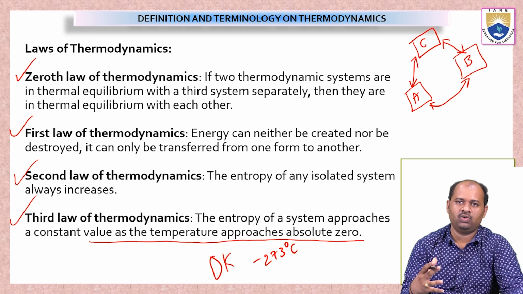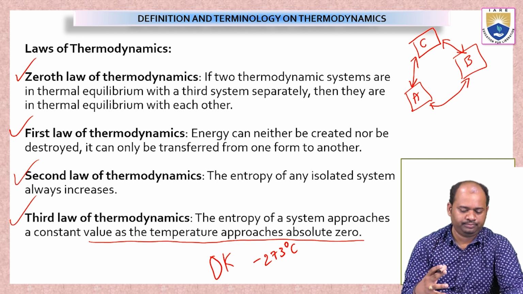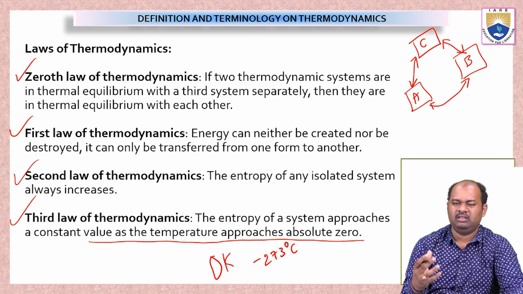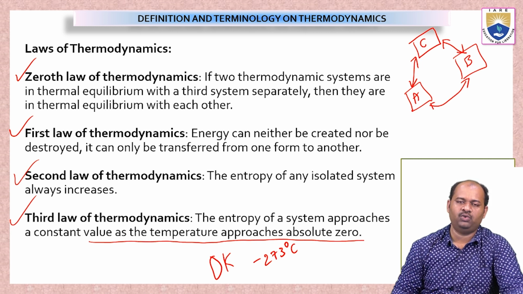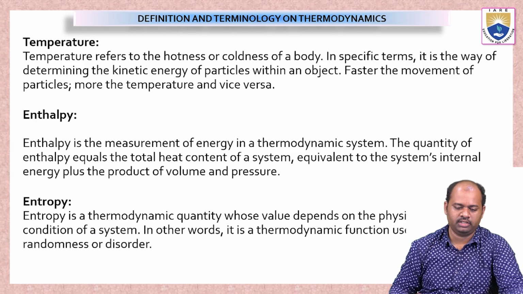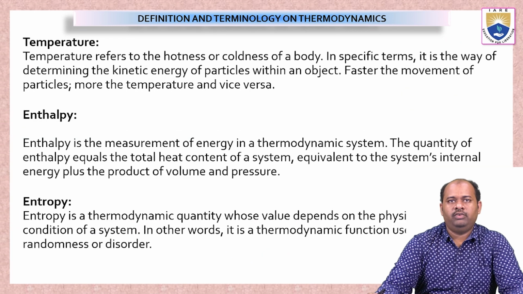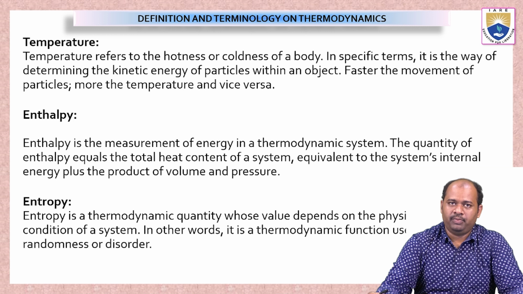So that is why this is called an absolute zero temperature. The entropy approaches a constant value when the temperature approaches absolute zero. Okay, that means when a system is very cooled, like up to minus 273, there is no change in entropy. Entropy will be constant.